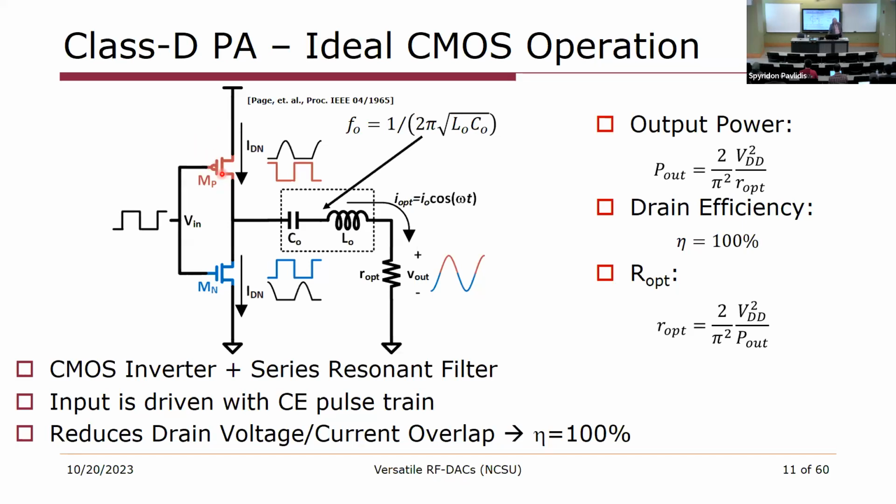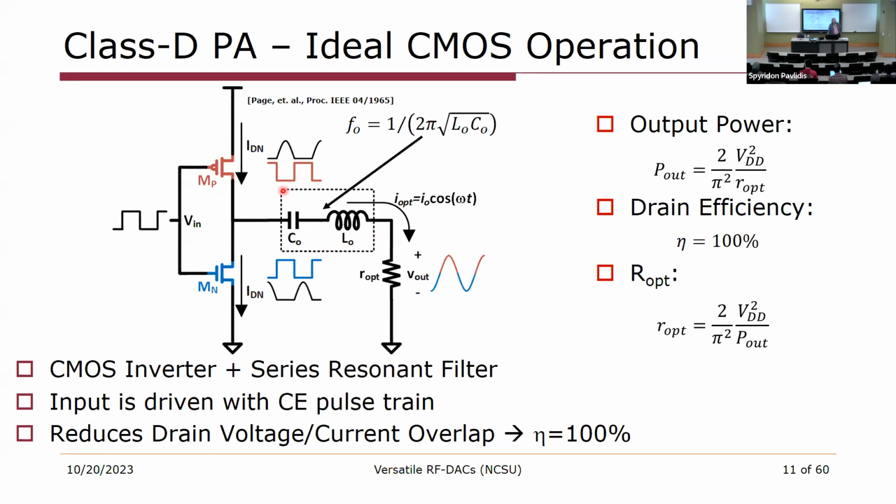The operation here is basically a push-pull amplifier where we have a PMOS amplifier that can push current into an output node and an NMOS transistor that can pull current out of the node. And we have a filter, just a series RLC filter that selects the first harmonic and delivers it to the output.